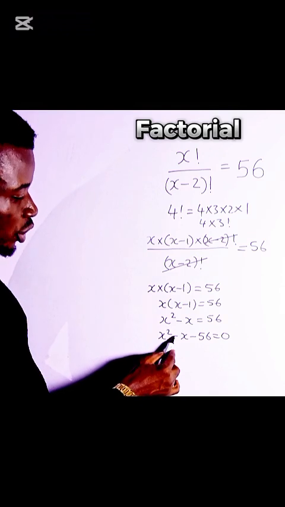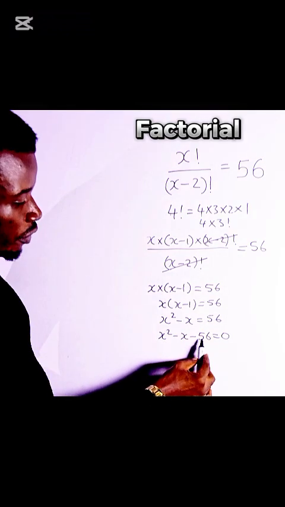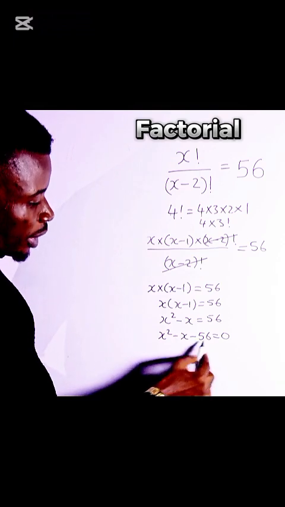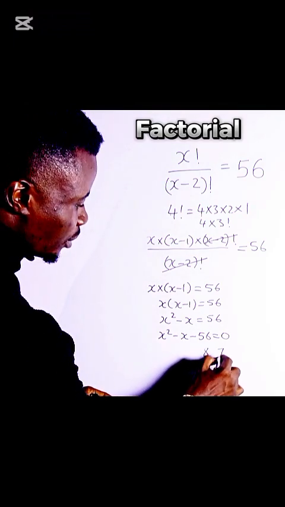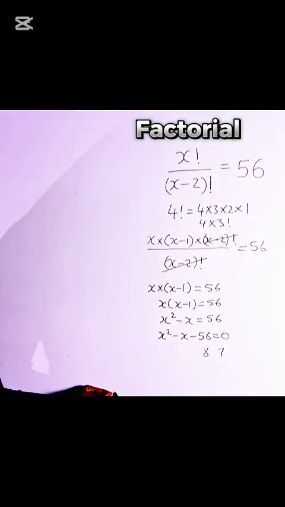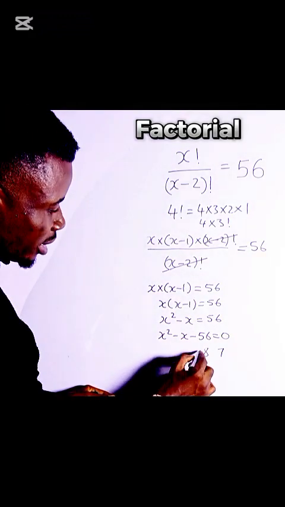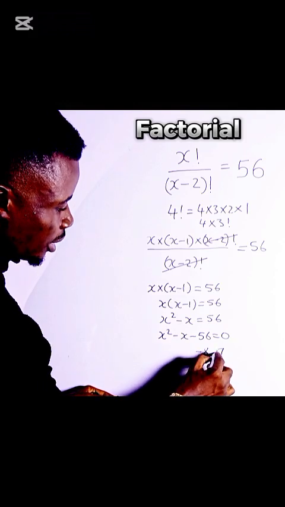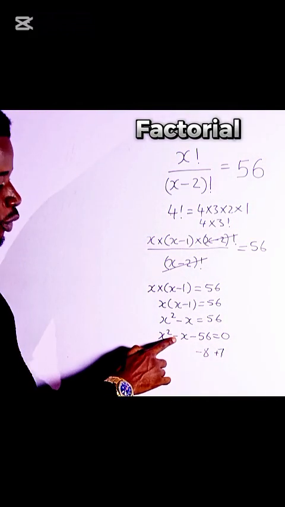Minus 1 here, because the coefficient of x here is minus 1. So you're going to find the factors of minus 56. And you know that 8 and 7, when multiplied, will give you 56 actually. So how do we adjust the sign? So it becomes minus 8 plus 7. Now you can see, minus 8 plus 7 will give you minus 1.